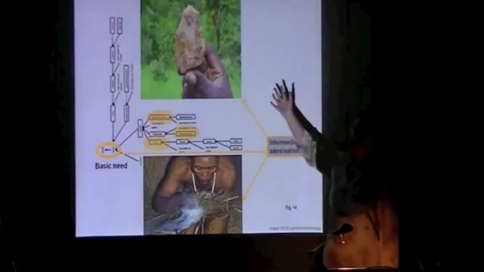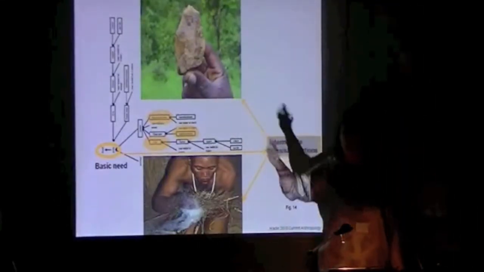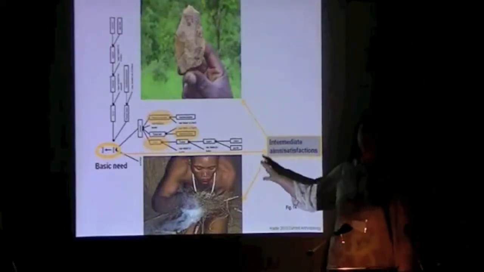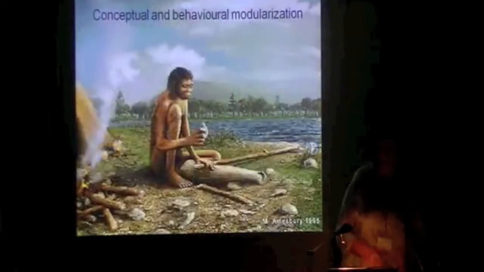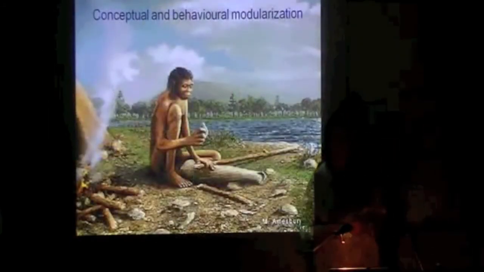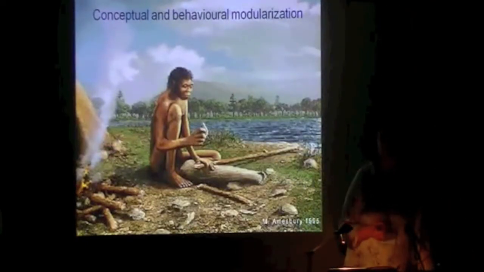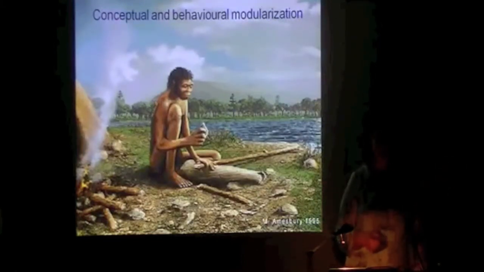I have to make different tools and sometimes fire, and I can save these tools for a next day, and I can build fire several times during the process. And we believe that this is conceptual and behavioral modularization, where our minds can start to separate certain tasks from each other to reach a goal somewhere in the future.